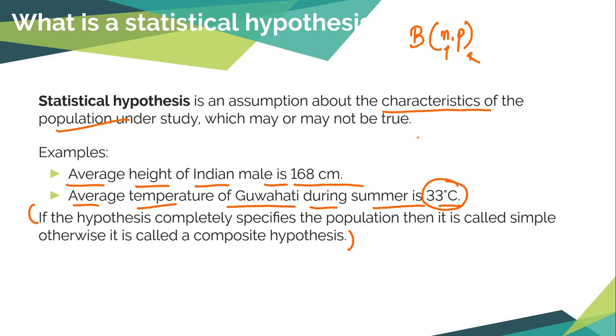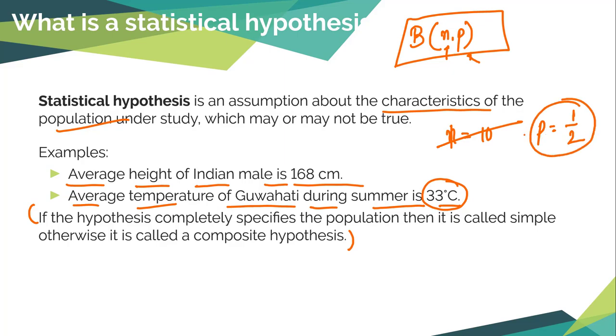Now suppose the population is binomially distributed, and we assume that n is equal to 10, or let's say p is equal to half, which means the probability of success and failure is equal.